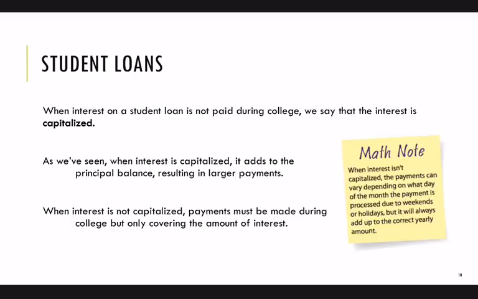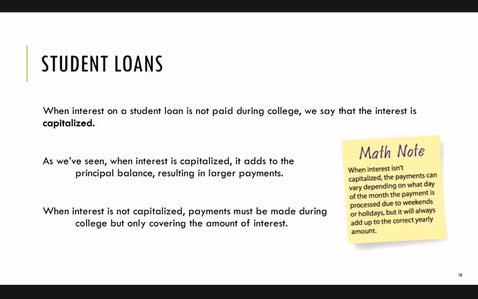Two other types of loans, student loans, they can either be capitalized or uncapitalized. Now, capitalized means that the interest on the student loan is not paid during college. So generally capitalized sounds like a positive thing, has to do with maximizing something, but in this case it's actually a negative thing.